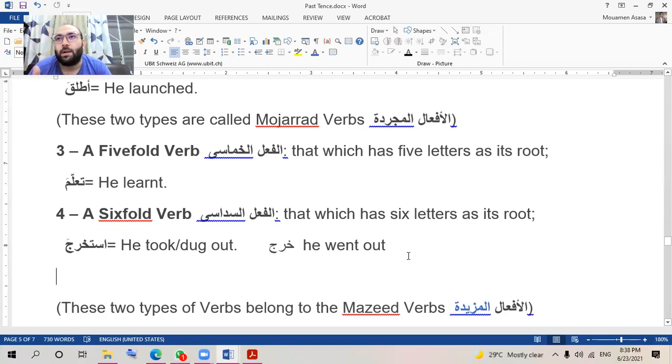When they were putting together the grammar of the spoken language, these verbs already existed. They saw that kharaja is included in istakhraja, meaning this verb comes from that verb.